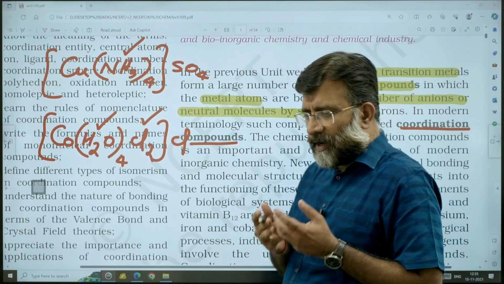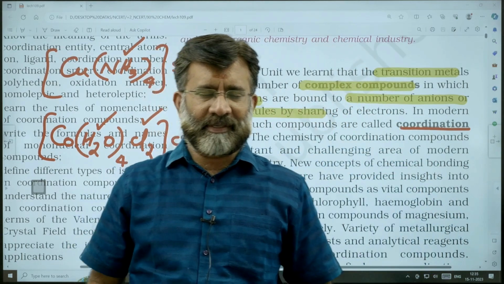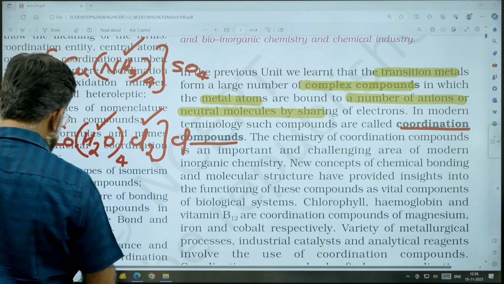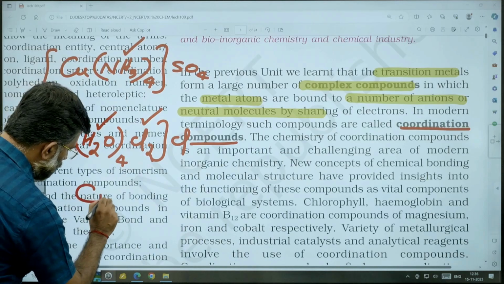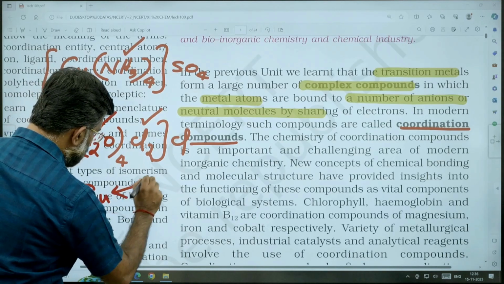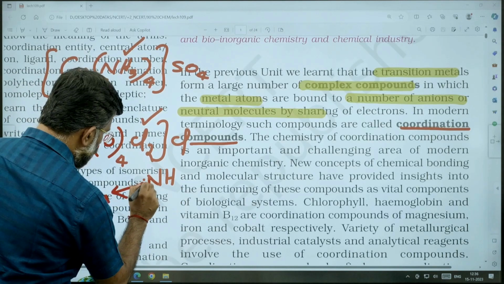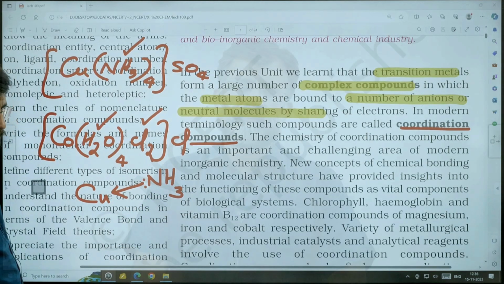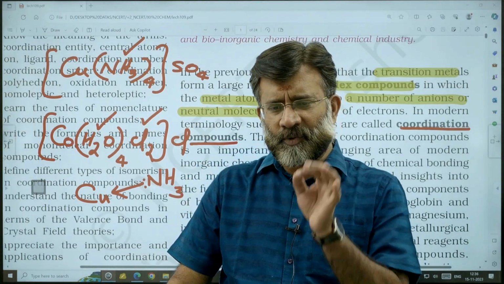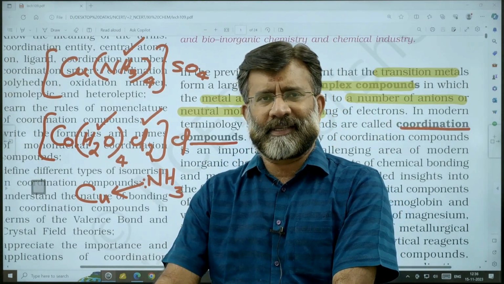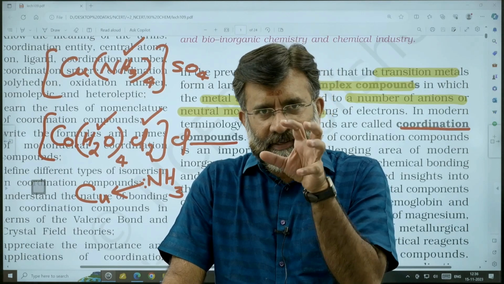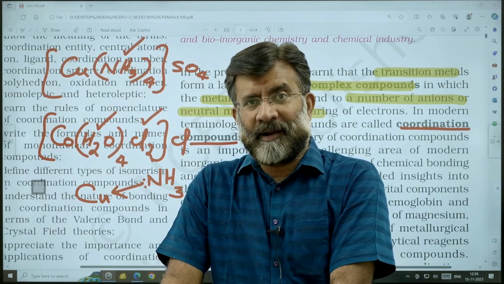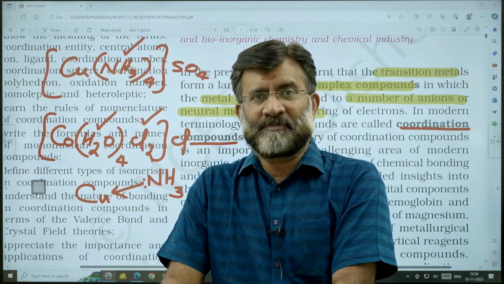While the modern terminology is coordination compounds, all of you know why it is called coordination compounds. There is a dative bond formed between the central metal atom and the ligand. If you take the cuprammonium complex, copper is bound with ammonia, forming a dative bond using the lone pair of electrons of the nitrogen atom, right? So it is quite simple to understand the technical term involved in this area.